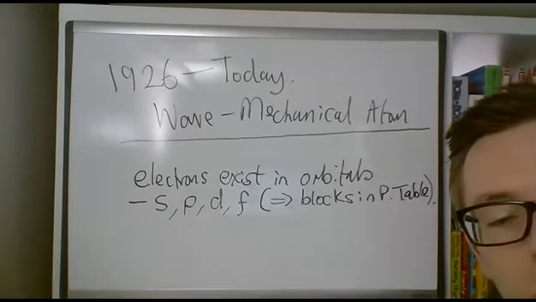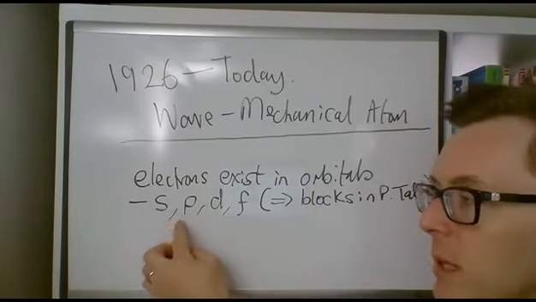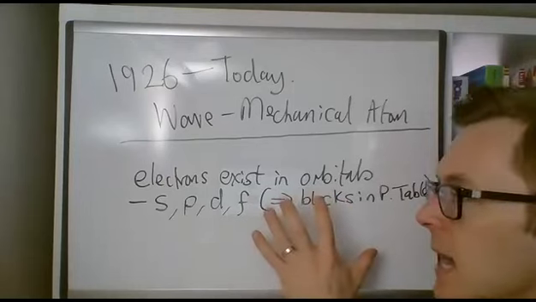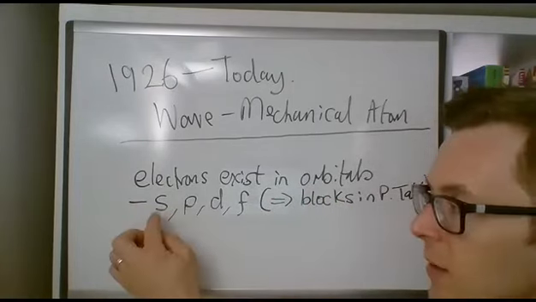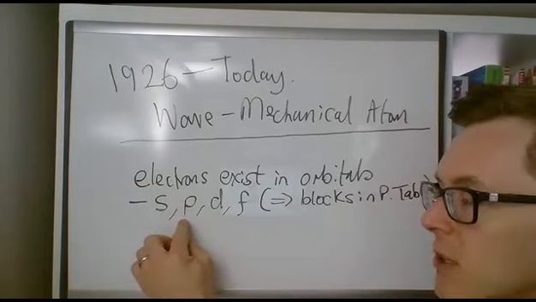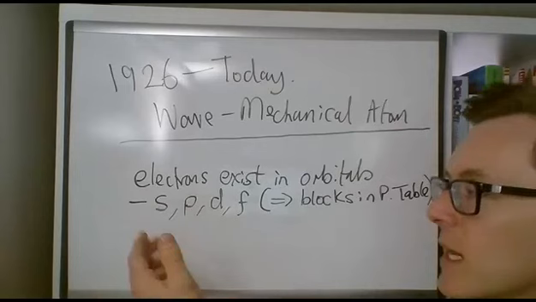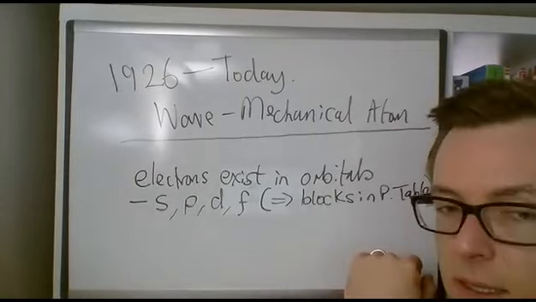So when we were looking at periodic trends in the last conference, we were looking at the S block, the P block, the D block, and the F block. Exactly analogously, these are the residences of S electrons, P electrons, D electrons, and F electrons. When I say S electrons, I mean electrons in S orbitals.